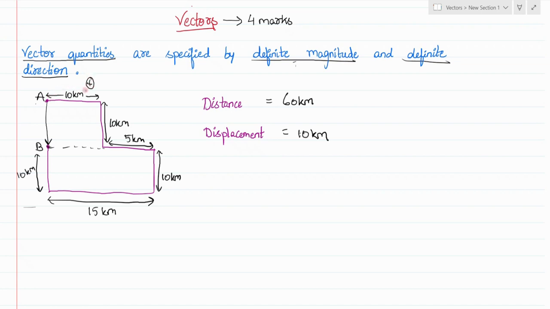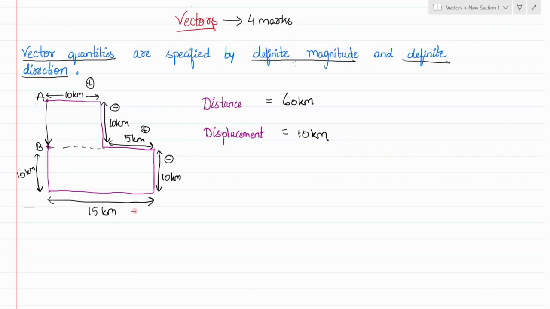So it becomes plus 10 kilometers. When you come down, it becomes minus 10 kilometers. So net is 0 till now, plus 10, minus 10. Here it becomes plus 5, here minus 10. So net up to here is minus 5.